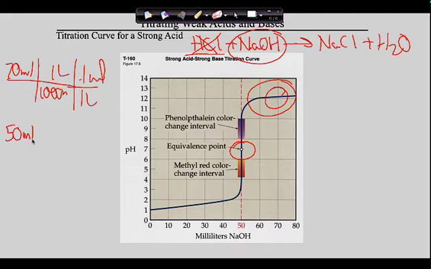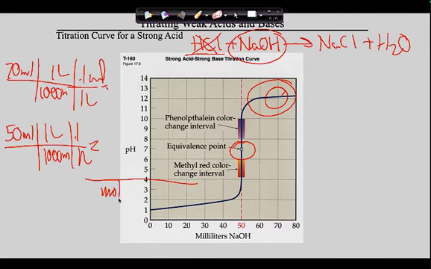We know that because the equivalence is at 50. So 50 milliliters, 1,000 milliliters is 1 liter, 1 liter is 0.1 moles, and we'll then figure out how many moles of NaOH, how many moles of HCl. Subtract. And that subtraction will tell us how many moles of NaOH are added in addition to equivalence.